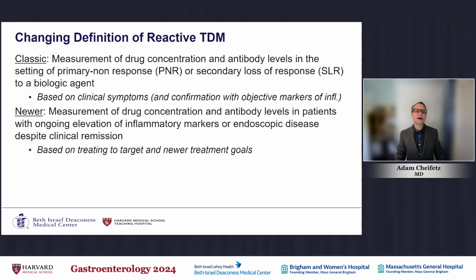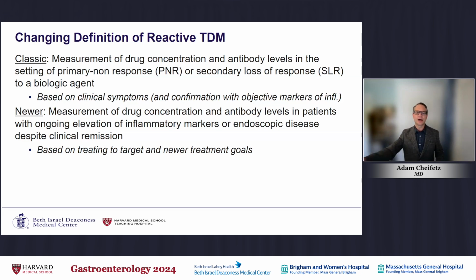I've seen a newer definition, or at least how people tend to think about this, is that reactive TDM is measurement of drug concentration and antibody levels in patients with ongoing inflammatory markers or ongoing endoscopic disease despite clinical remission. Even checking these more objective markers early.